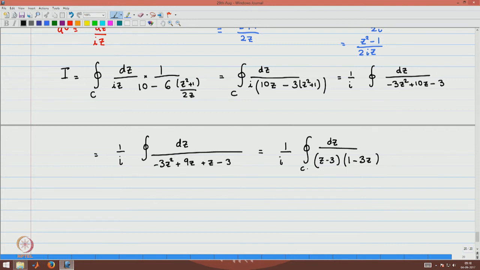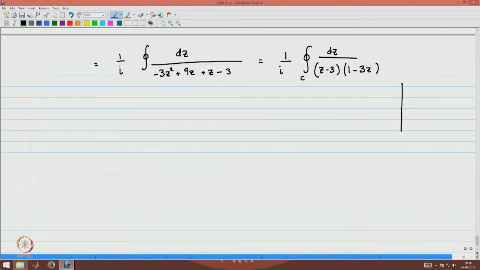So, this is an integral over a closed contour. Now, notice that the contour that we have is the unit circle. Now, z equal to 3 corresponds to this point. So, this has two poles: z equal to 3, and 1 − 3z equal to 0, or z equal to 1/3.